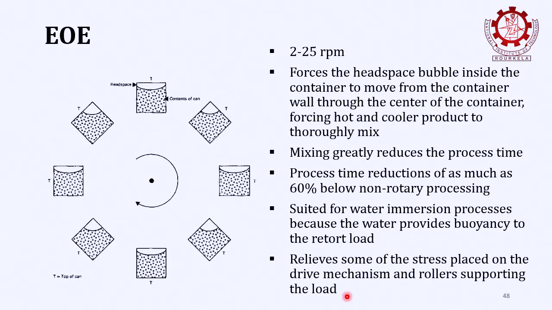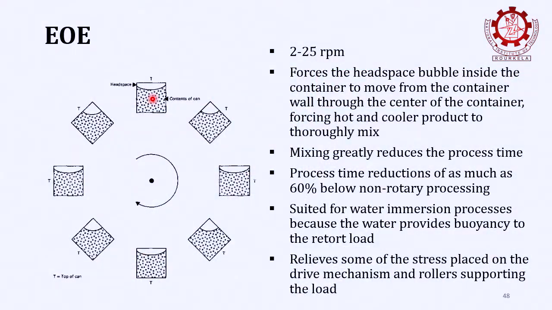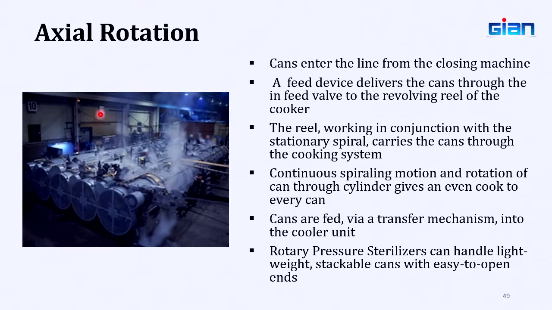This is another picture of that, and this is ideally suited for cylindrical, vertically standing glass jars or metal cans. The other concept was the axial rotation. In case of an end over end, you have vertical cans, it is going like this. And in case of axial rotation, the can is horizontal and it is rotating like this.